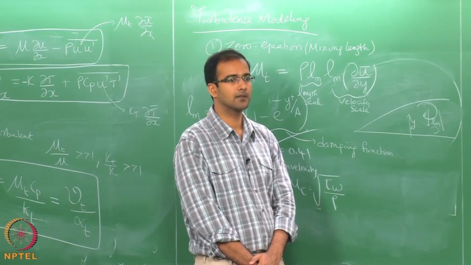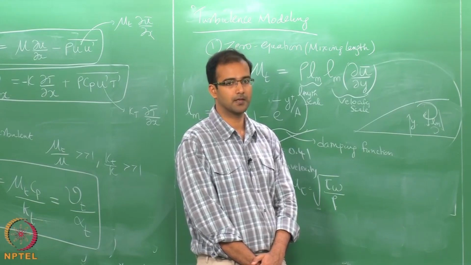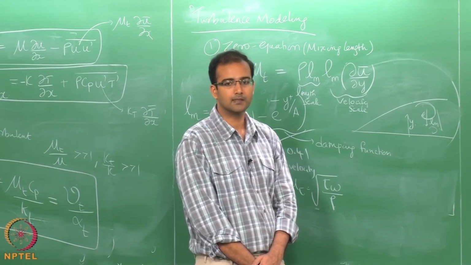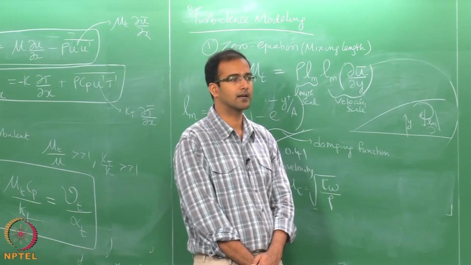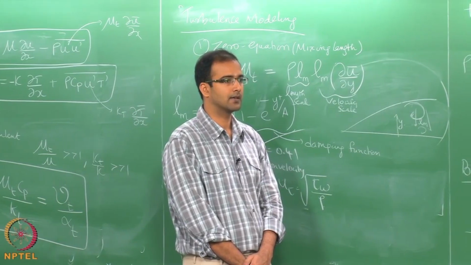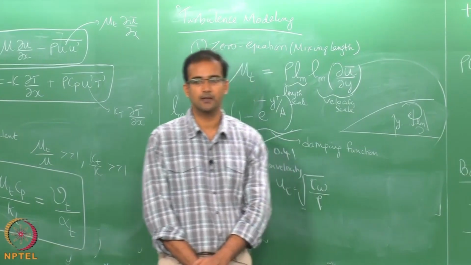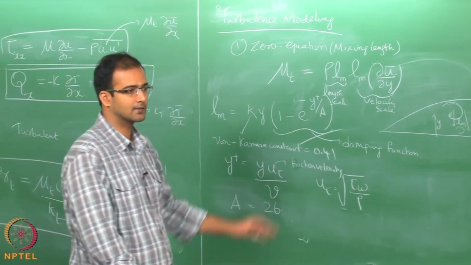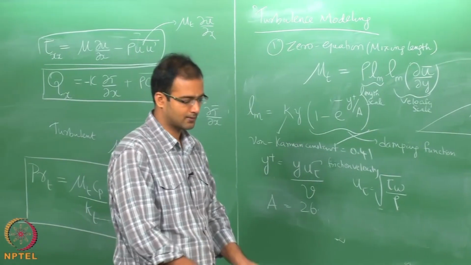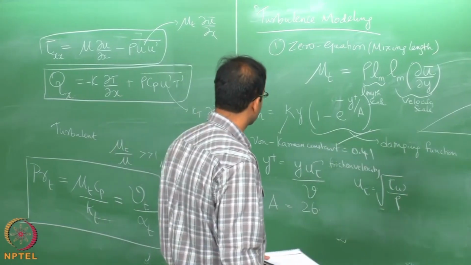But what happens when there is a detachment, flow separation? In that case the mixing length model fails because there is no boundary layer. You cannot locate the sublayer and so on, so all this will fail. Therefore, for separated flows or flows with pressure gradients, this kind of simple approach will not work.